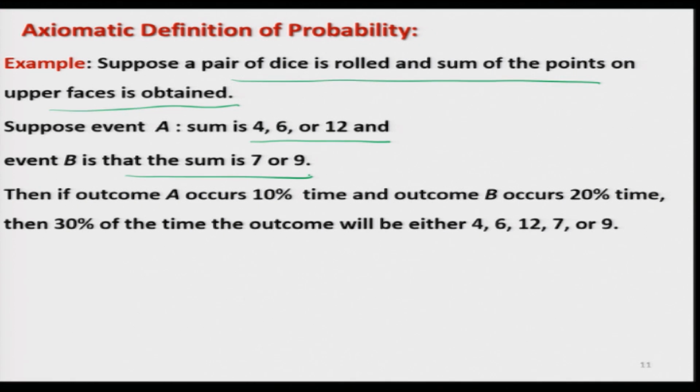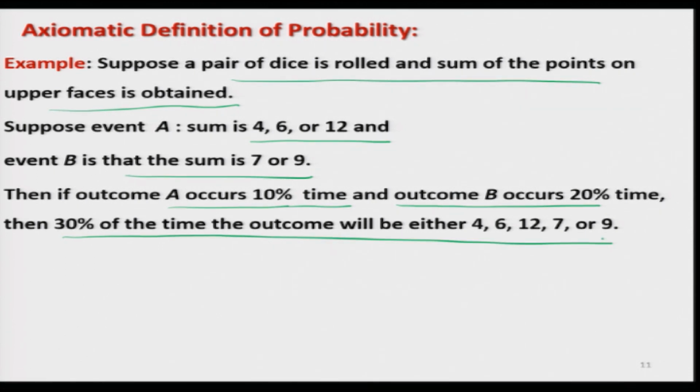Then this means that if A occurs 10% of the time and B occurs 20% of the time, then 30% of the time the outcome will be either event A or event B, that is, the point 4, 6, 12, 7 or 9. 4, 6, 12 come from event A and 7 or 9 come from event B. So, this is what we are trying to do.